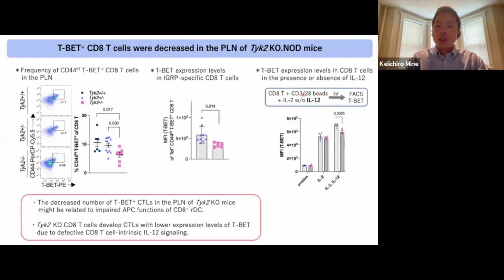When the CD8 T cells were stimulated with IL-12, the upregulation of TBET expression levels was suppressed in TYK2 knockout CD8 T cells, suggesting that TYK2 knockout CD8 T cells develop into cytotoxic T lymphocytes with lower expression levels of TBET due to defective CD8 T cell intrinsic IL-12 signaling.